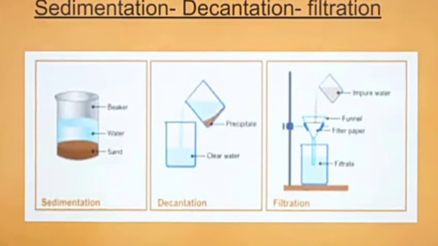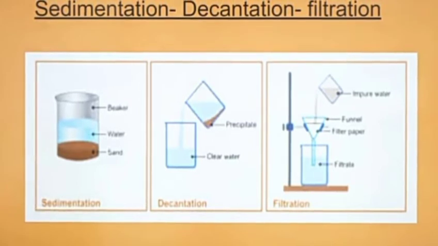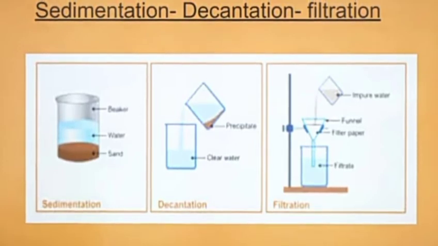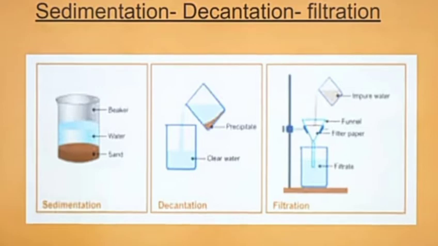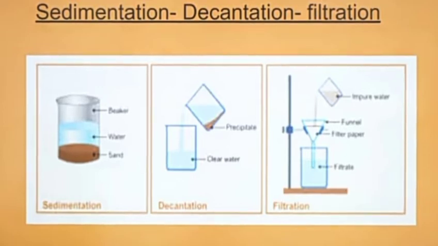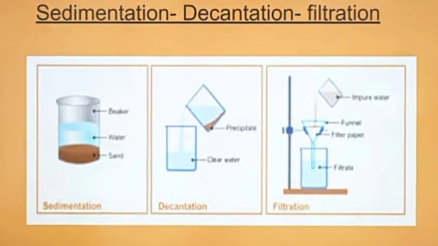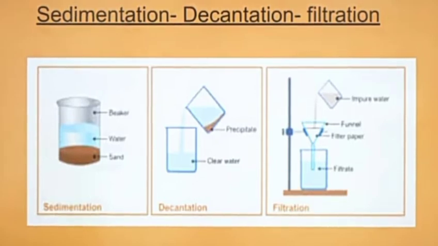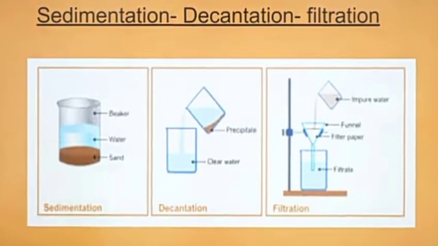You simply have to take a beaker and add some clean water to it. Then you add some sand or some mud to it and mix it by stirring. After some time you will observe that the mud will settle down at the bottom and the water will come up. Now how can we separate them?